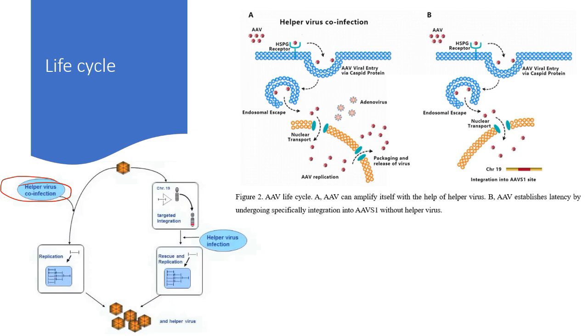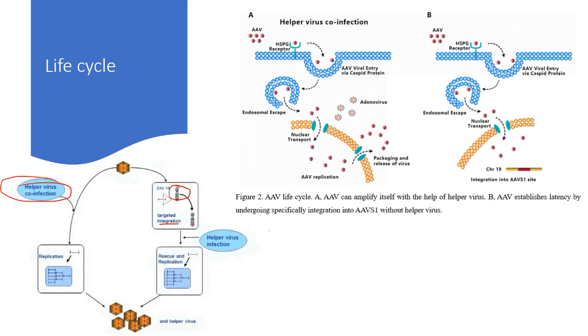Once a helper virus is co-infecting, this adeno-associated virus integrates its own genome inside our human chromosome number 19. This is known as the latency of the virus, because as it is not causing any disease when it moves inside a host cell like the human body, its genome gets integrated inside our chromosome number 19 for future use.